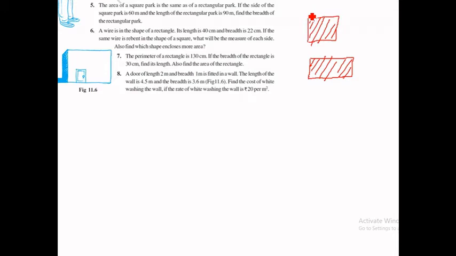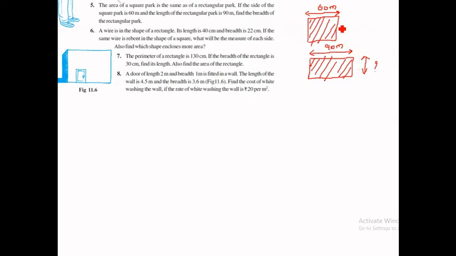The second thing, it's given that the length of one side of the square park is 60 meter, whereas the length of this rectangular park is 90 meter, and you have to find this breadth.